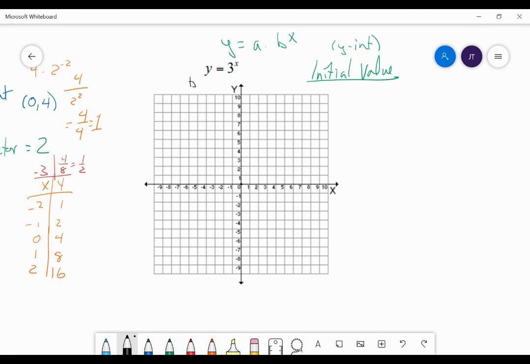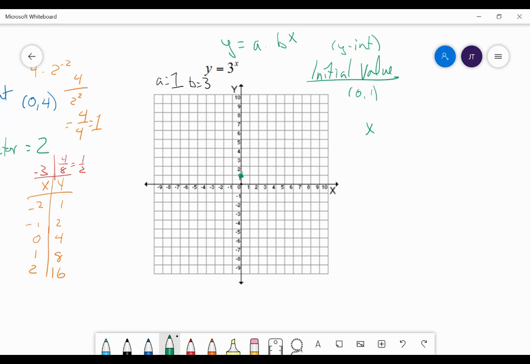So 3 is your b. Your a is not there, which is understood to be 1. So your initial value here, your y-intercept, is the point (0, 1). So we put that point on the graph.